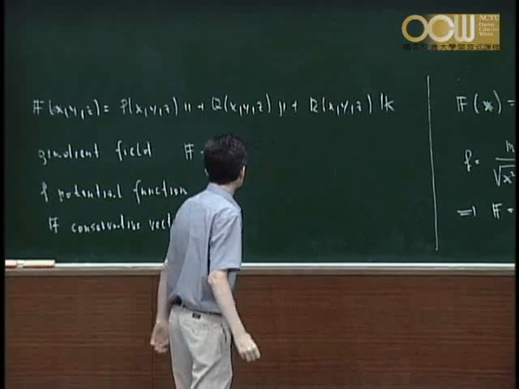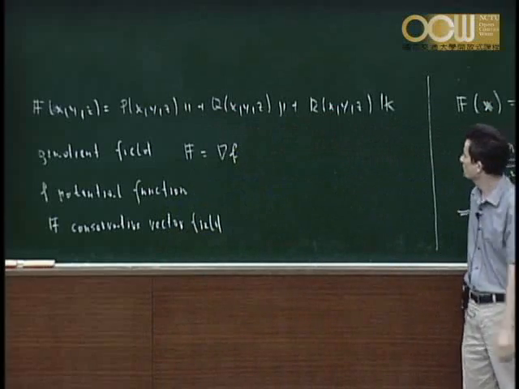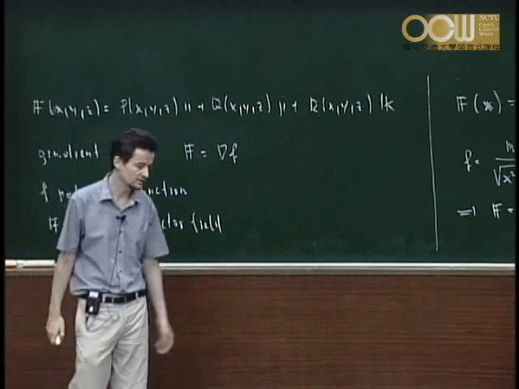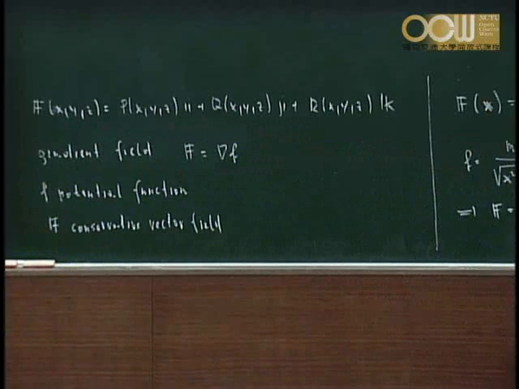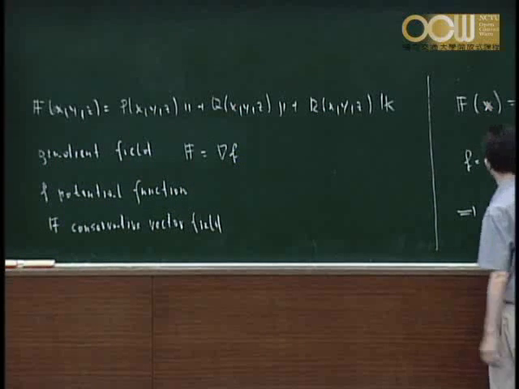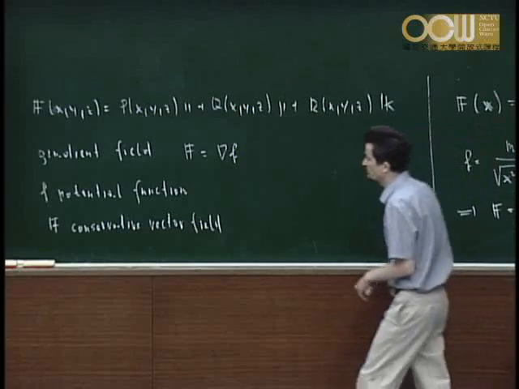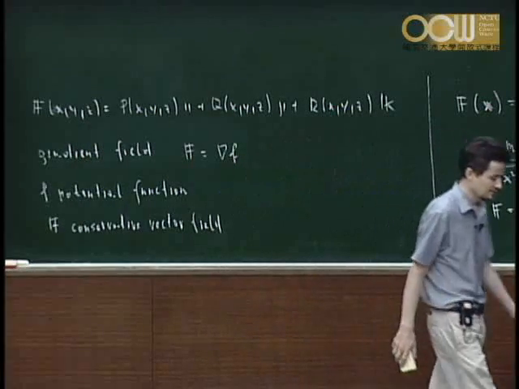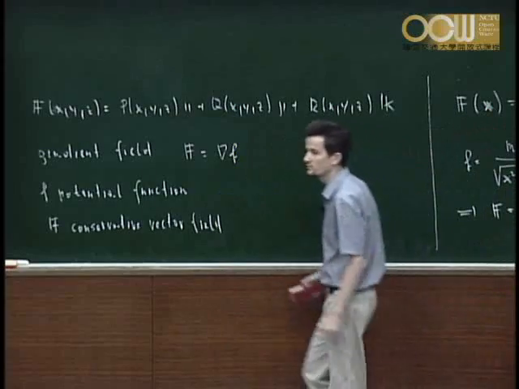At least a mathematically interesting question would be: I give you a three-dimensional or a two-dimensional vector field, how can you decide whether such a vector field is conservative or not? This would be the first question. The second question is how to find the potential function. This is a problem well understood in mathematics, and in order to solve it, we have to introduce a new kind of integral, a so-called line integral.